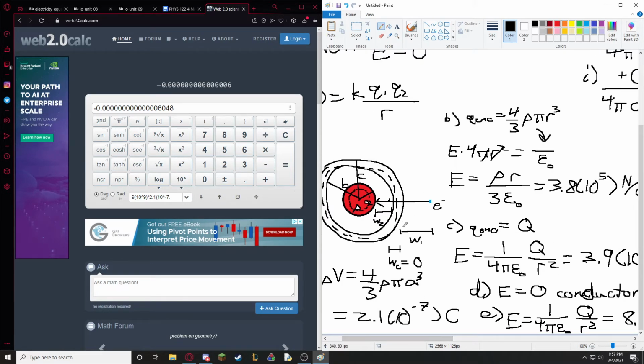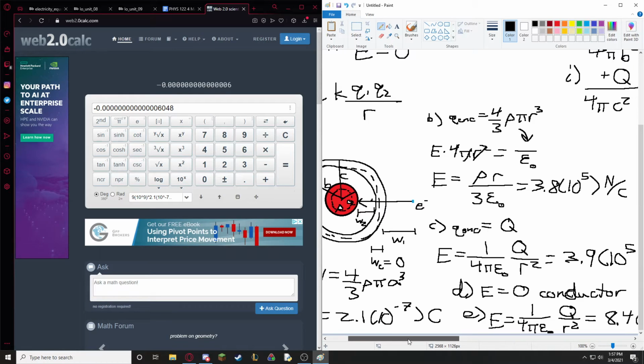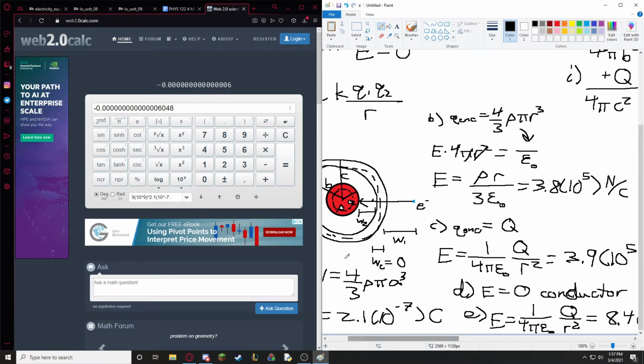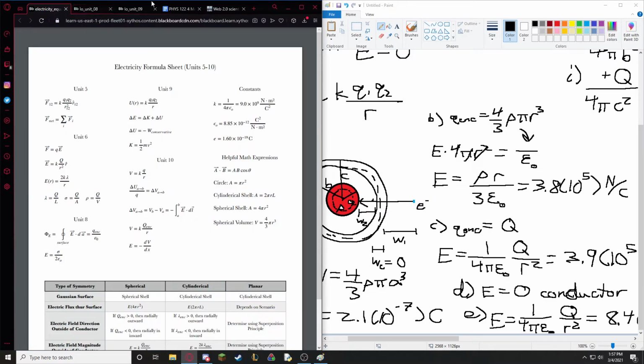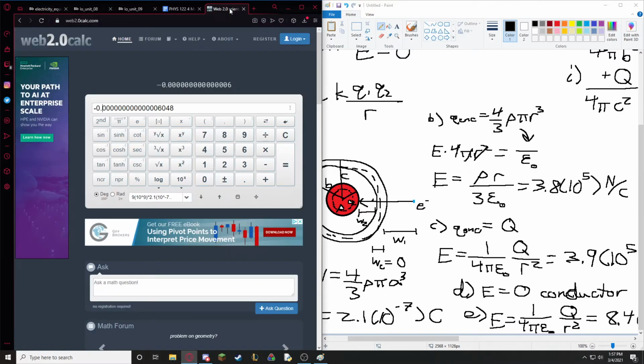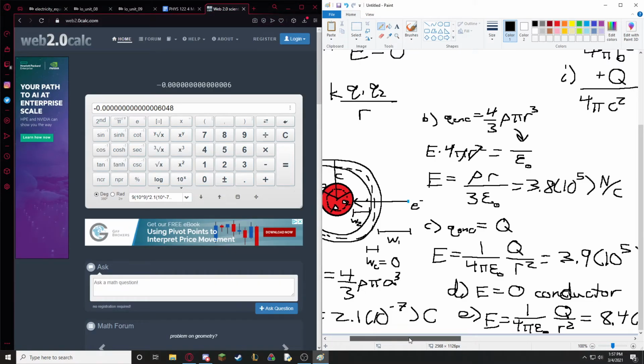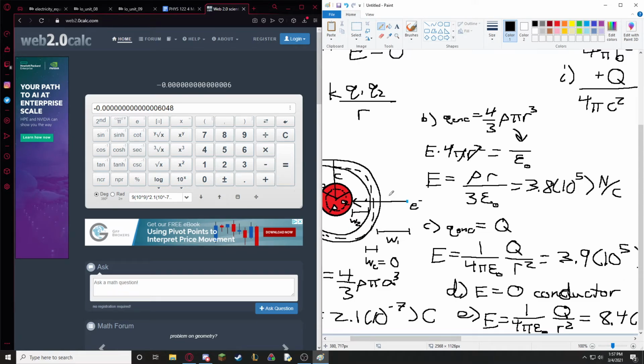So, how do we get our initial work being done? We have our initial potential energy. And then we also find the potential energy at the outer surface, right?